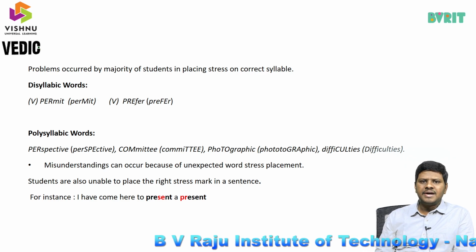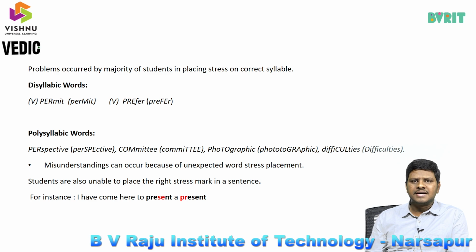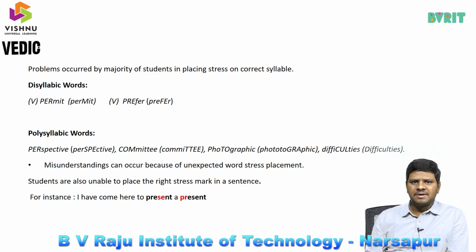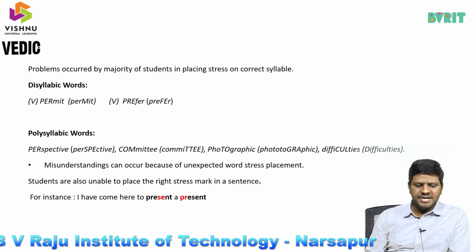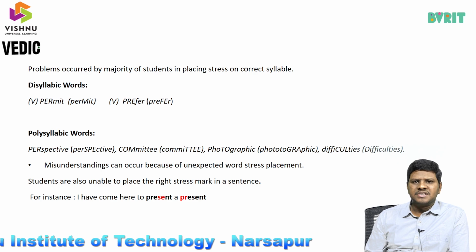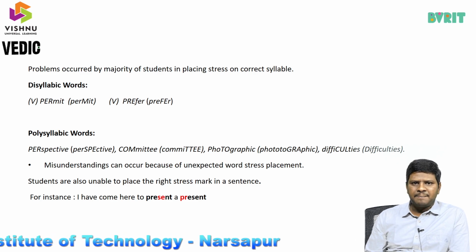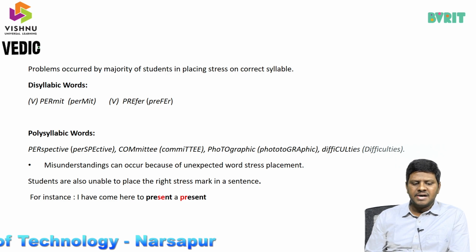Usually the first syllable takes stress for nouns and the second syllable takes stress for verbs. You can see here they are highlighting the first syllable in the place of the noun also. They are saying permit and prefer instead of what they have to say.